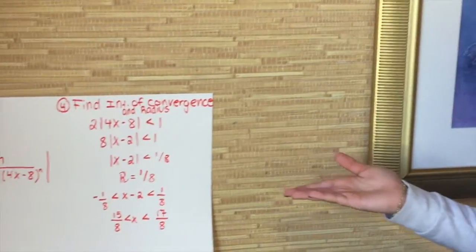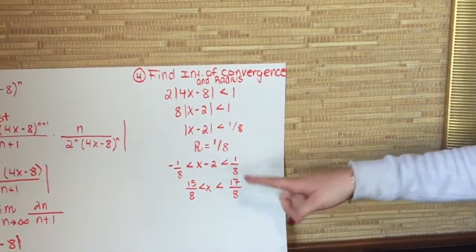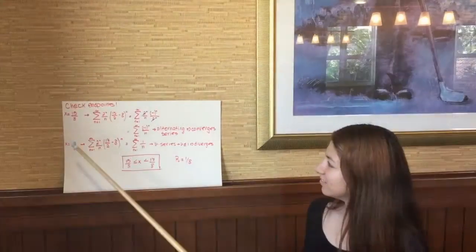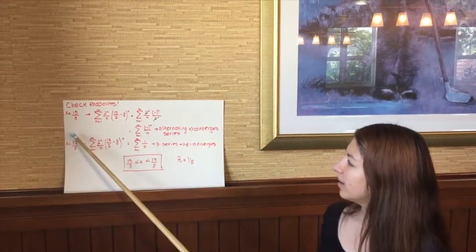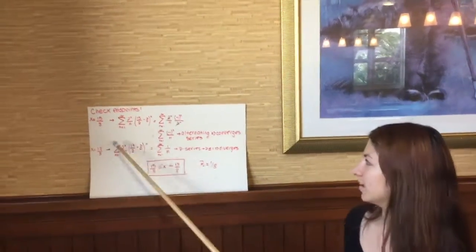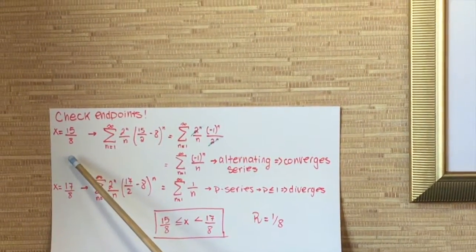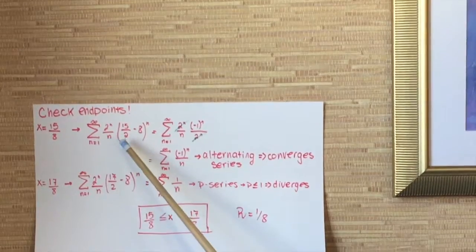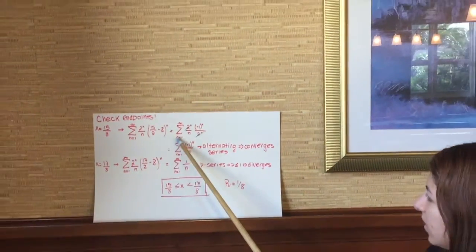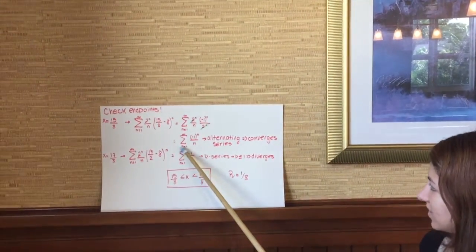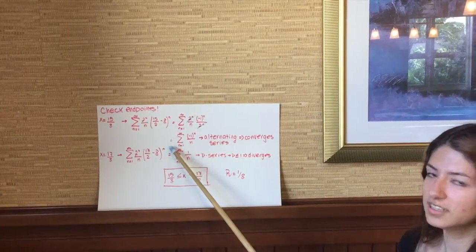But now we have to check the endpoints to see if it includes those endpoints. To do that, we plug the x values back into the power series. For x equals 15 over 8, we get an alternating series, and we find that it converges.